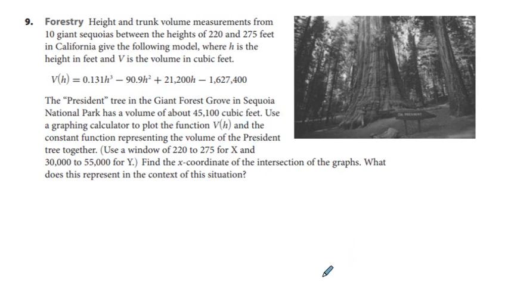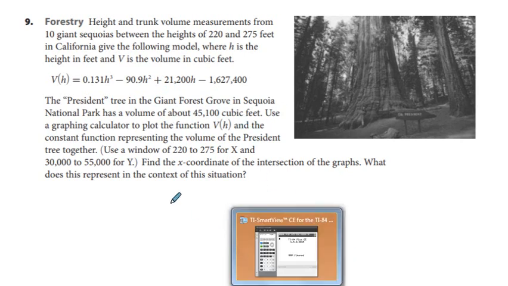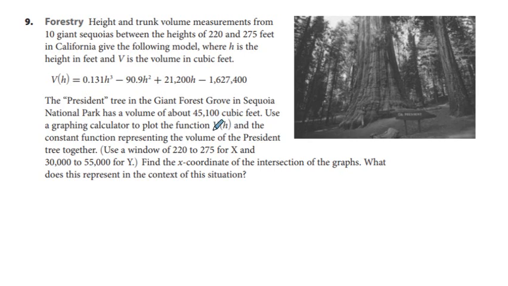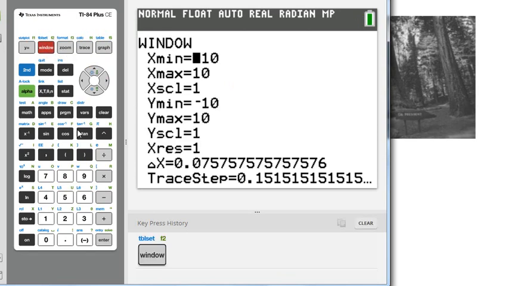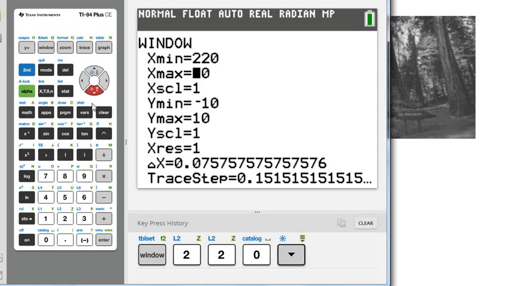So we're going to go to a graphing calculator here, and find out, based on this, what we estimate the x-coordinate to be and see what that represents. We're given a suggested window here, which is x minimum of 220 feet and x maximum of 275 feet.